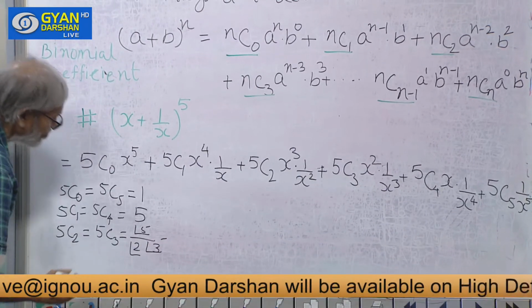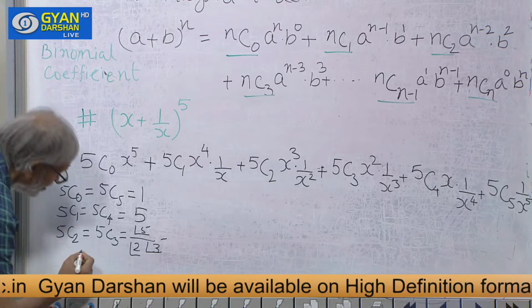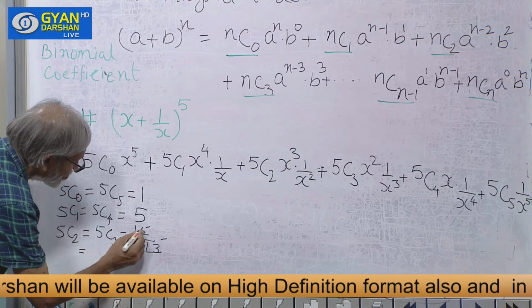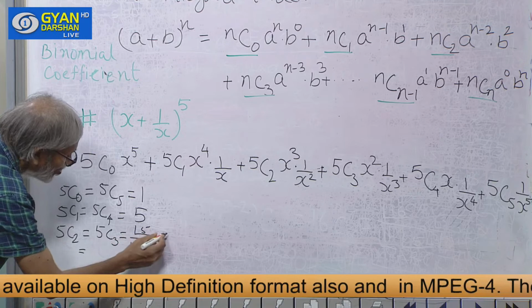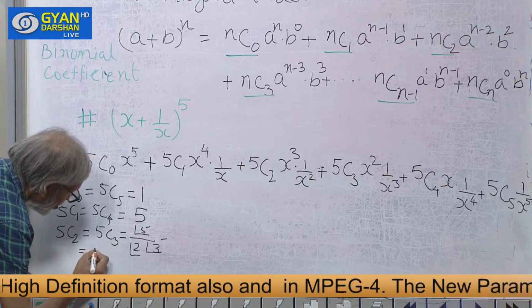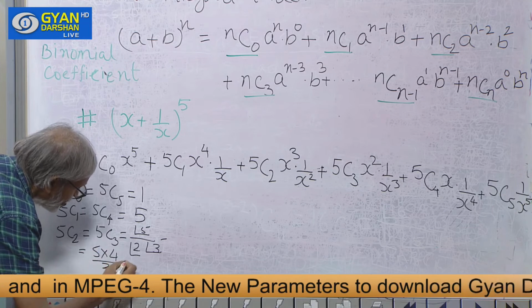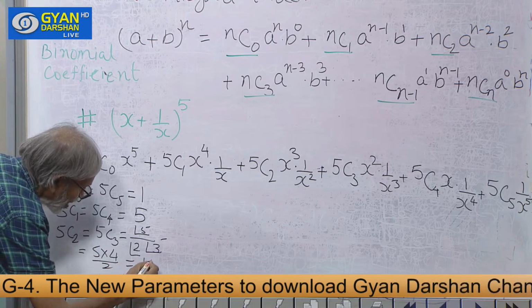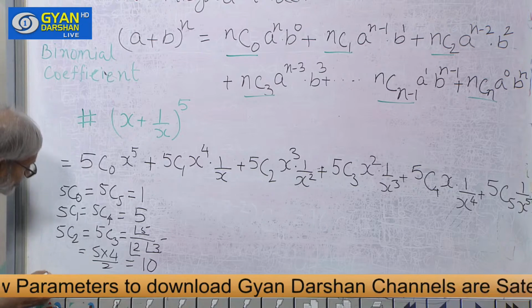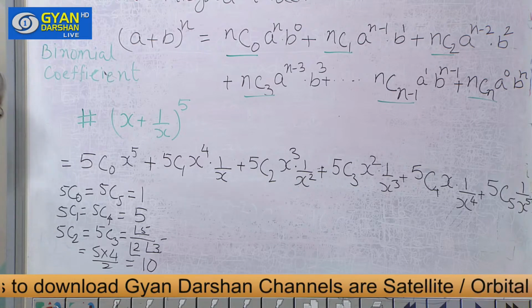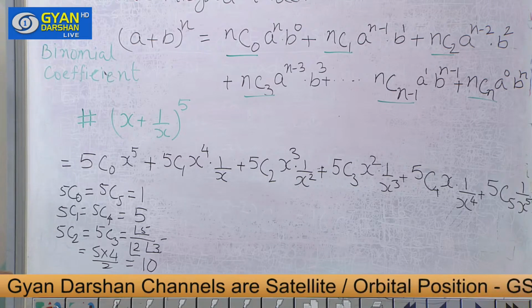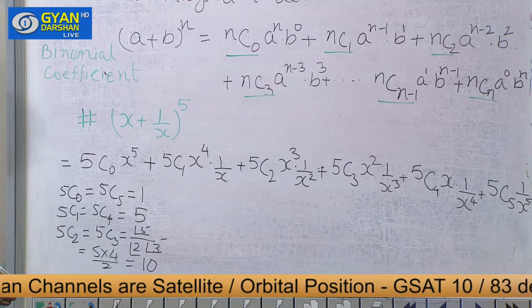So, this will be equal to 5 into 4 into factorial 3, which should cancel out. So, 5 into 4 by 2, which is equal to 10. And now we have done all, isn't it?